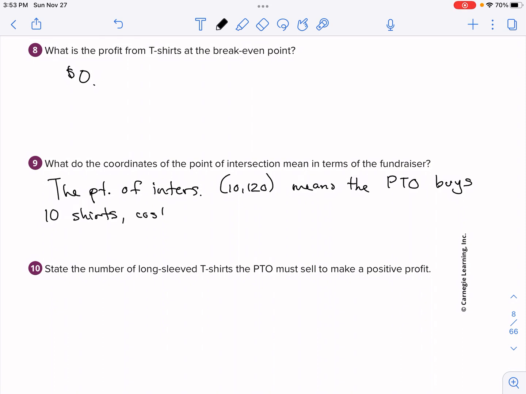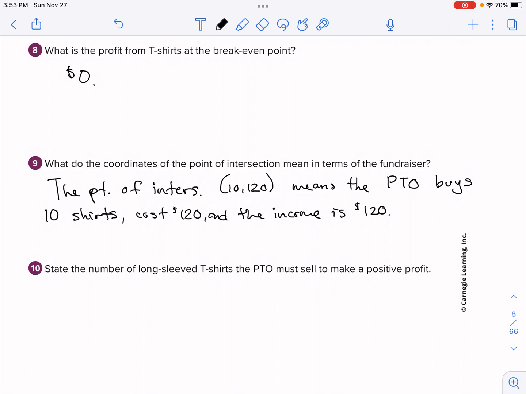It costs $120, and we sell all the long sleeve shirts. So let's say, and the income is also $120. Okay, this means that there's no profit and the fundraiser breaks even.